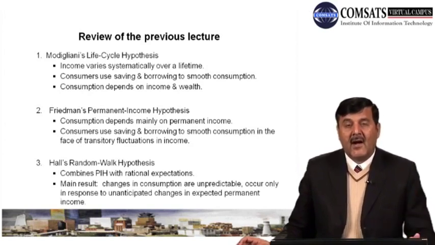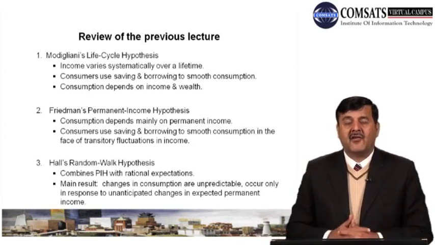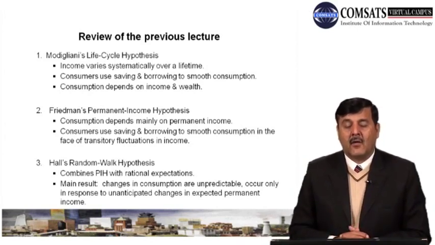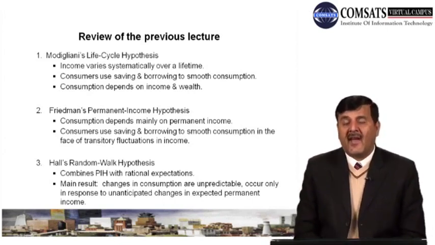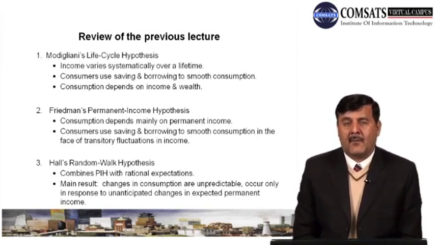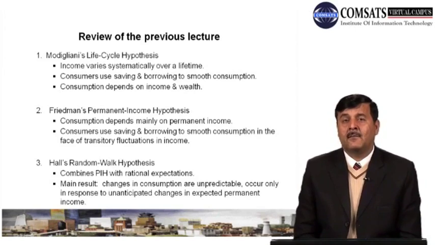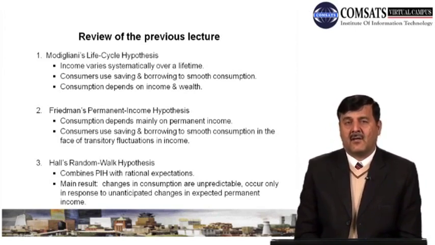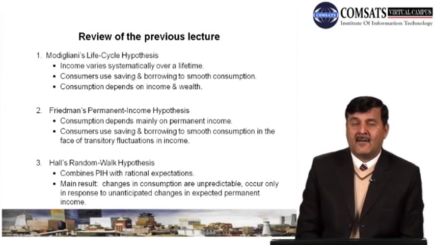changes in consumption are unpredictable. You can't predict changes in consumption because it occurs only when there is an unanticipated change in the permanent income of the consumer, right? So that concept is known as the random walk hypothesis, that there is a random change in consumption, which is not anticipated because it depends on the unanticipated, unpredicted changes in permanent income, right?